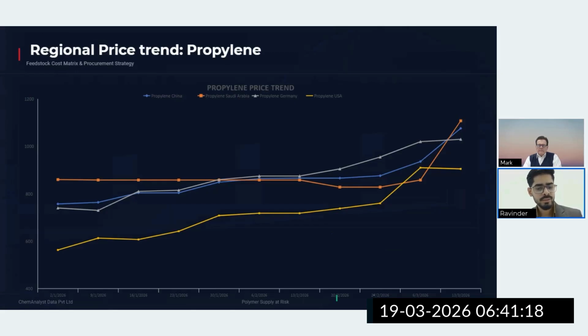Now let's discuss the feedstock, and come to the propylene and ethylene price trends across the global market. You can see the price of propylene has risen sharply in most of the countries. If you see here, the price change has been prominent, but the price change in Saudi Arabia, you will see here, is the sharpest in the past couple of weeks, followed by other countries like China, Germany, and then the USA.